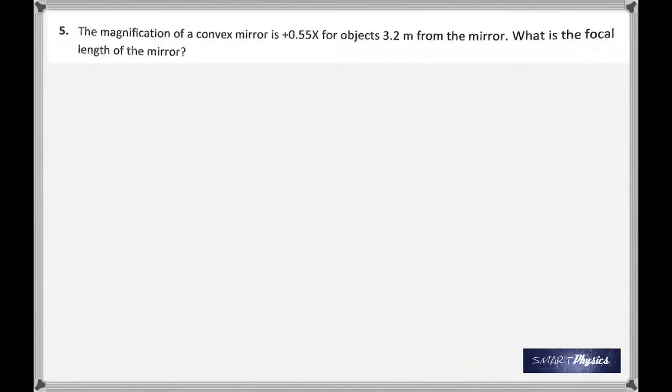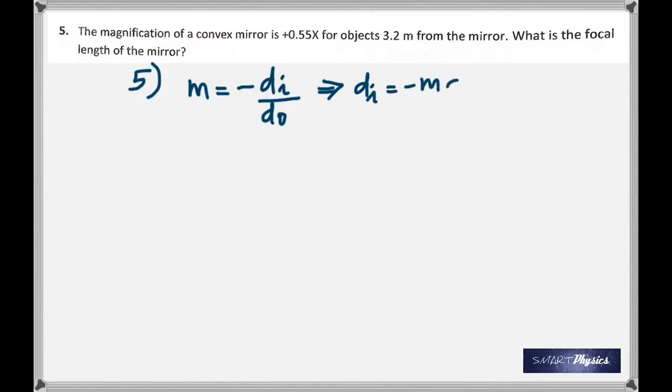In this question, the magnification of a convex mirror is plus 0.55 for objects 3.2 meters from the mirror. What is the focal length? Well, positive magnification shows it's a virtual image and DO is given. So just like in the last problem, M is negative DI by DO, so DI is minus M times DO. Substitute the values.